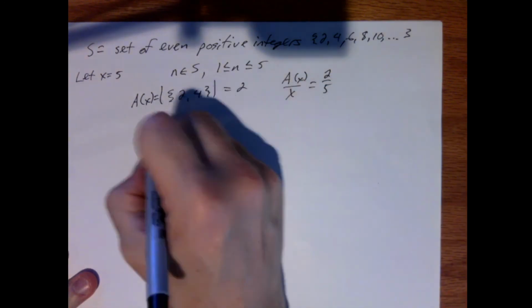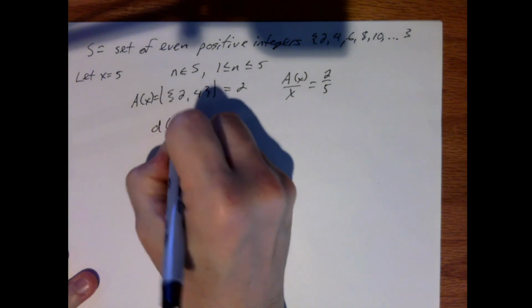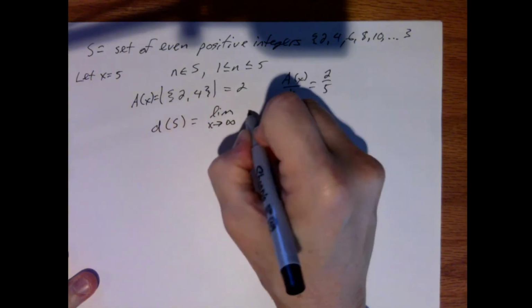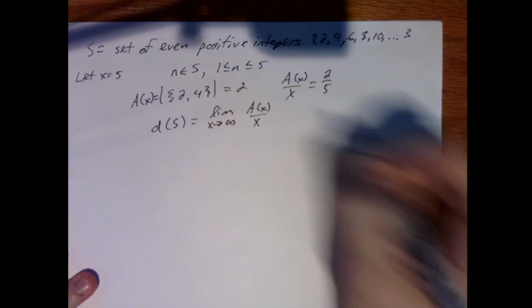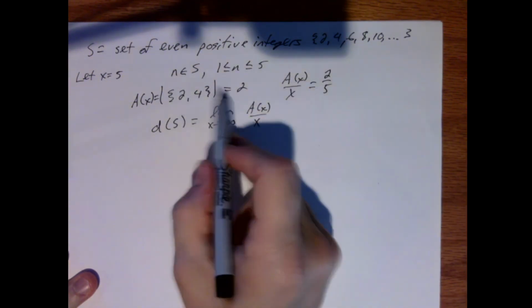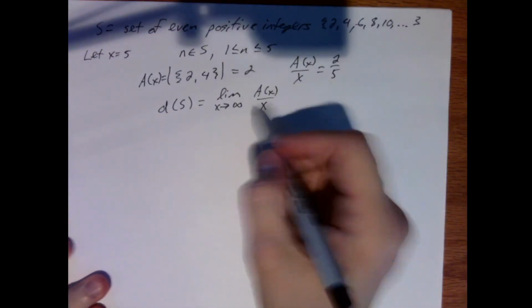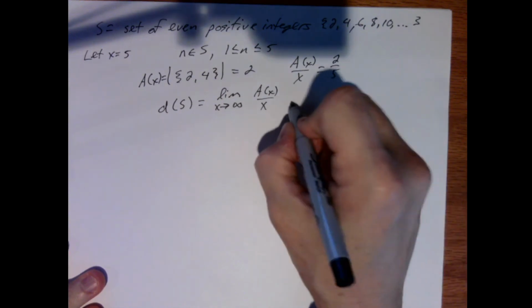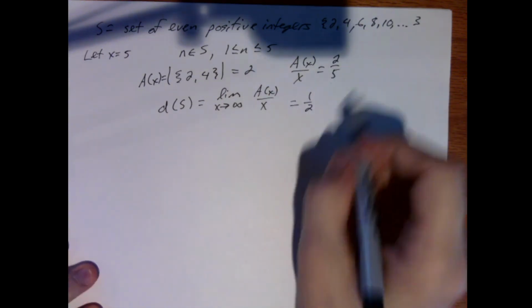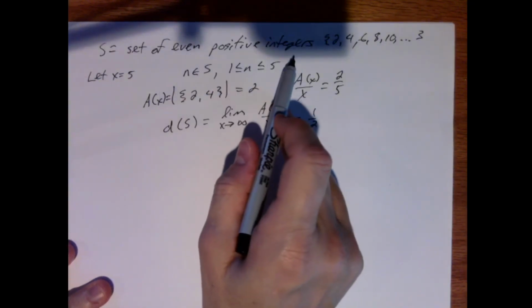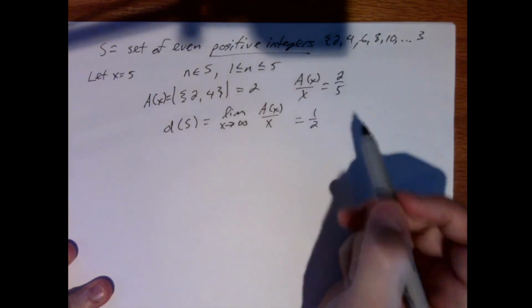Okay? So now, if we use the formula that the density of S is the limit as x approaches infinity of this ratio, that is, if we were to keep adding elements, a third element and a fourth element, whatever, and look at this ratio, what we eventually will get here, in this case, will be 1/2. And that's more in line with my intuition that somehow I have half as many even positive integers as I do total positive integers.